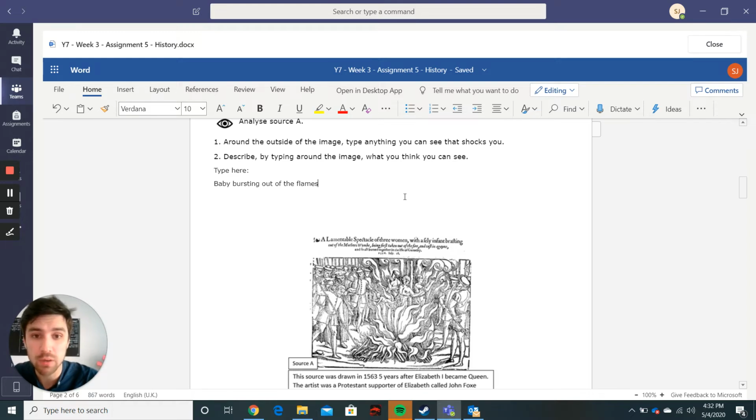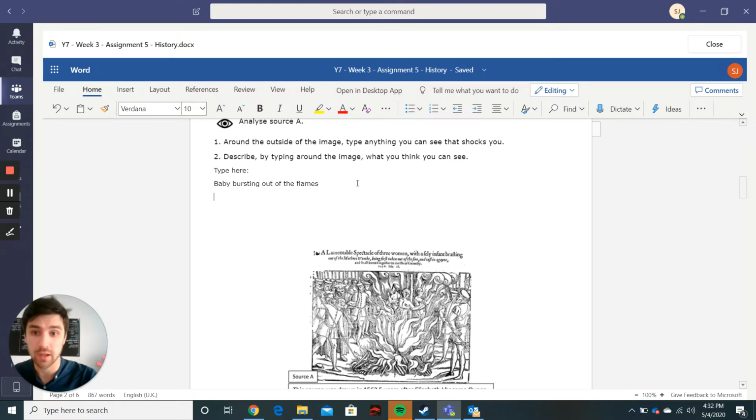So what I'm now going to do is type what I think I can see. Baby bursting out of the flames, possibly bursting out of the belly of a pregnant woman whilst she is burnt at the stake.